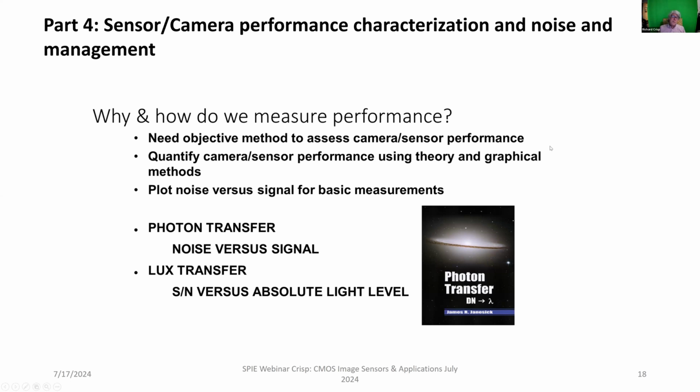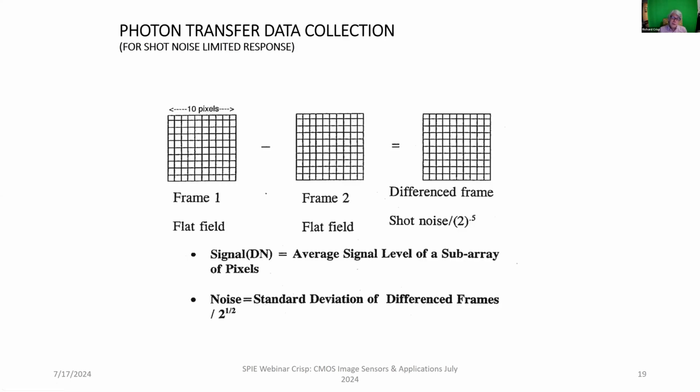So the idea behind photon transfer plots is to decompose the image into different types of products that we're going to plot graphically. To do that, we'll take two identical images and we'll do a frame subtraction. Typically, you'll add an offset to one of the frames so you don't deal with any negative numbers and you don't clip the histograms.